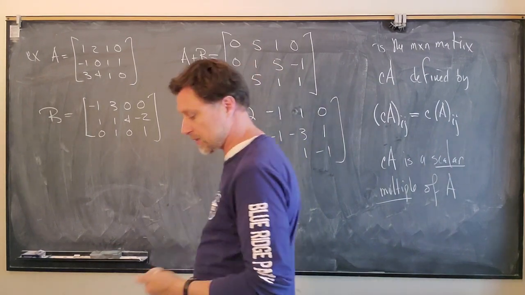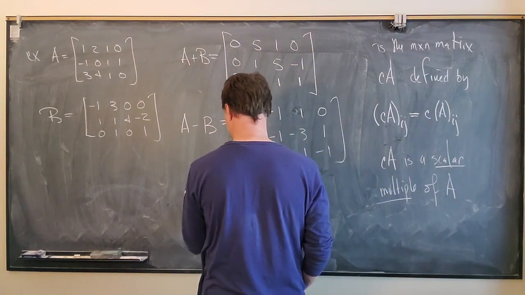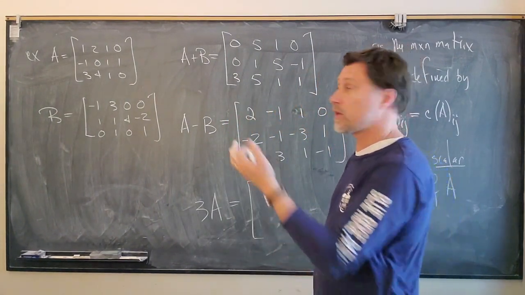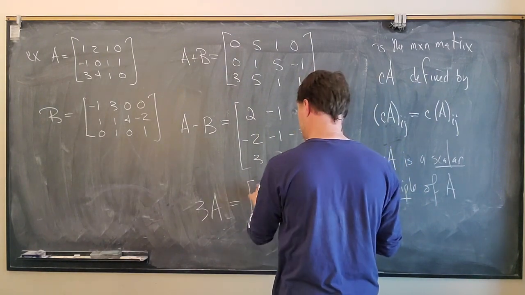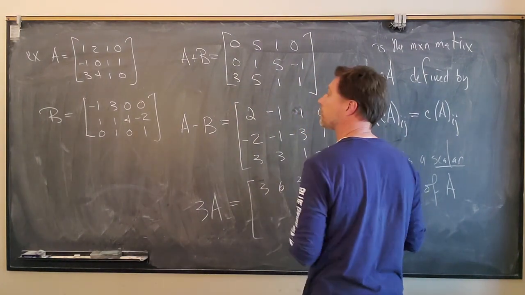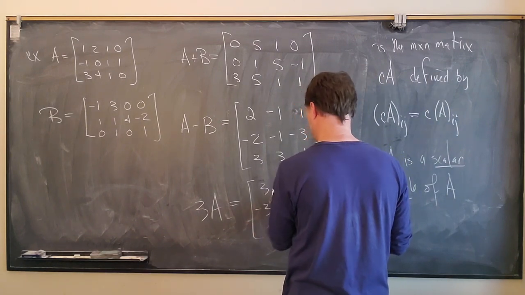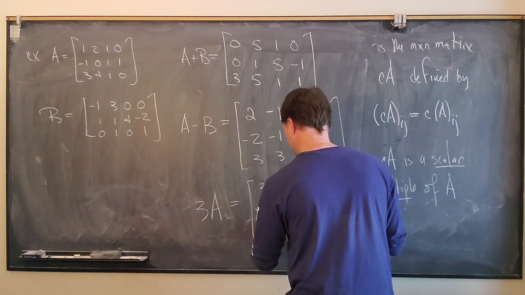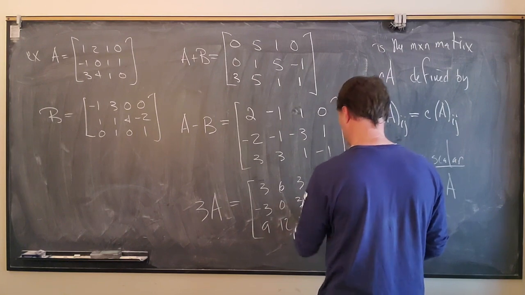And then, let's do an example of scalar multiplication. Let's say I want to do 3 times A. So I take each entry in A and multiply it by 3. So that would be 3, 6, 3, 0. Negative 3, 0, 3, 3. 9, 12, 3, and 0.